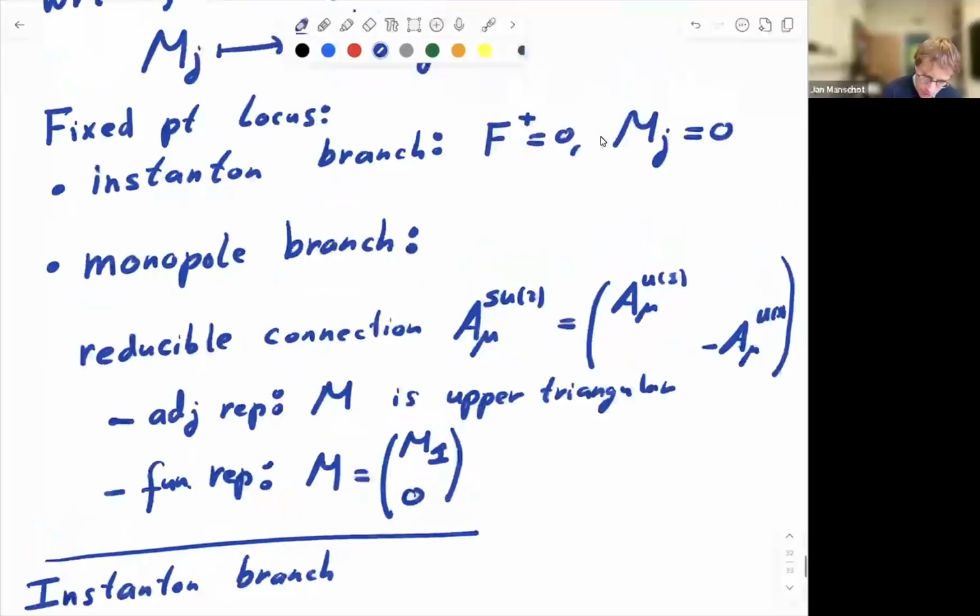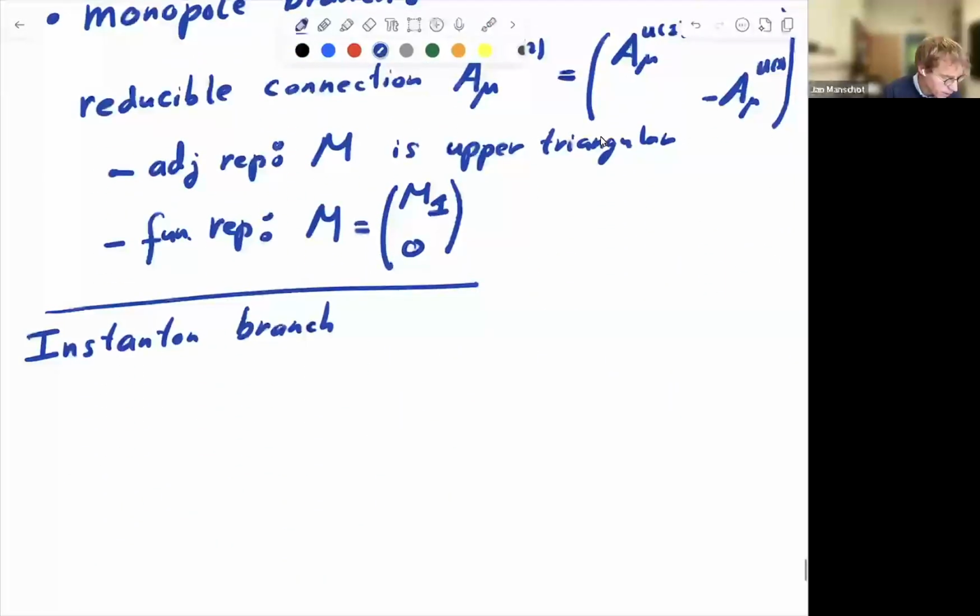Even though these fields are set to 0, they will still induce a bundle over the moduli space of instantons.